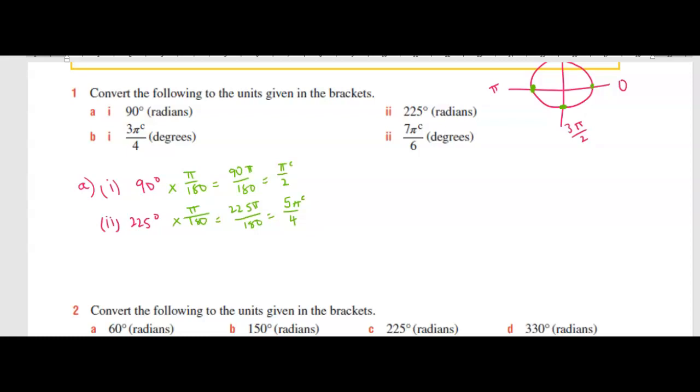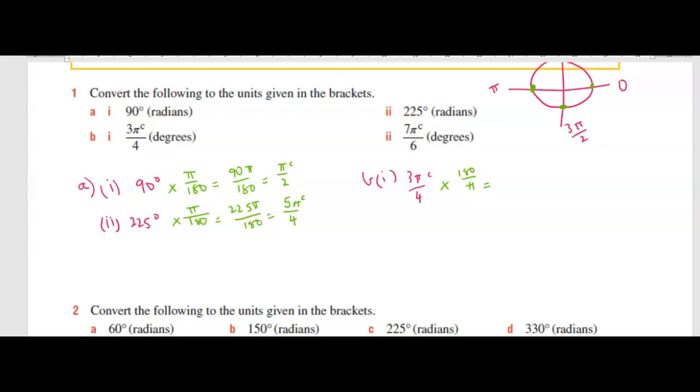Okay, then for question B, we're going the other way. So we've got 3 pi on 4 radians, and we're converting it into degrees. So we're going to multiply it this time by 180 over pi. All right, so this is probably a little bit harder because you've got a fraction multiplying a fraction.